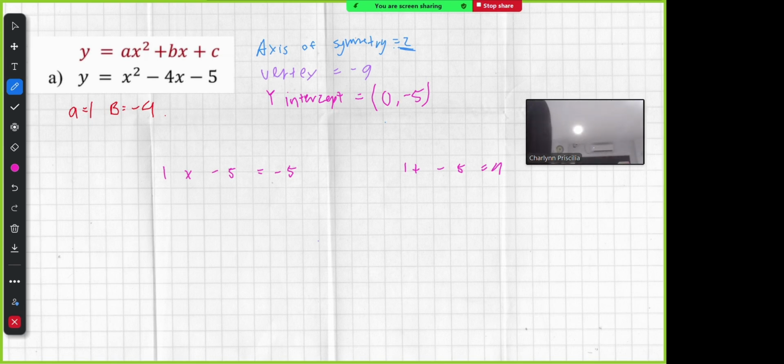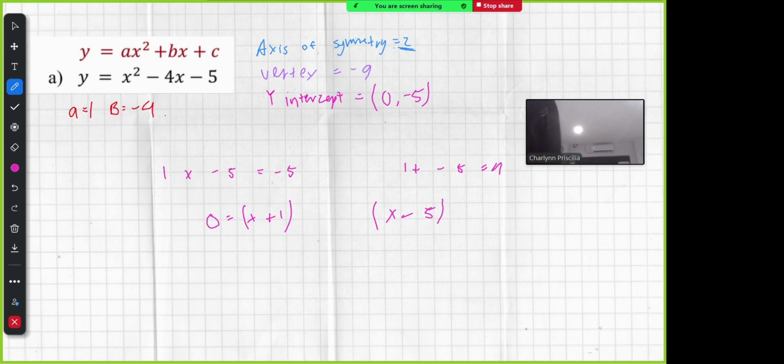In order to solve this, we will have to use 0 equals x plus 1 times x minus 5.